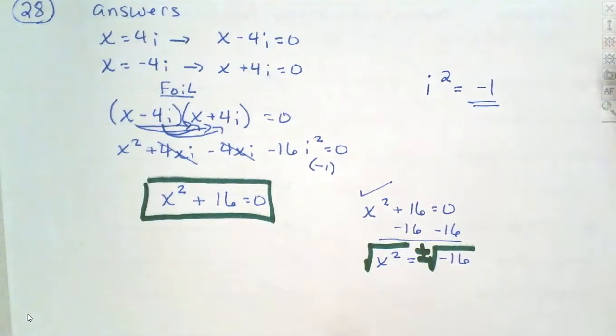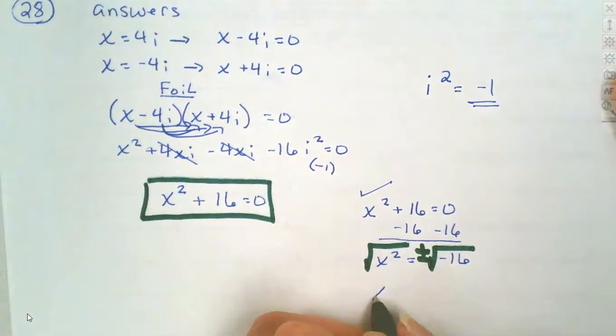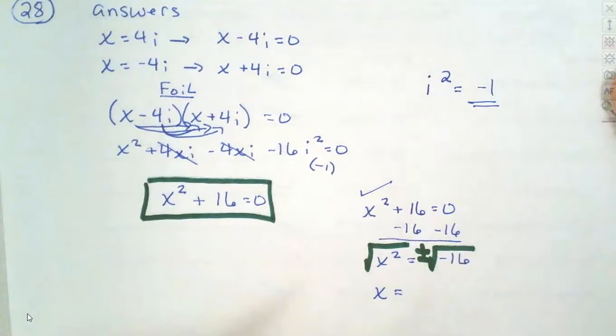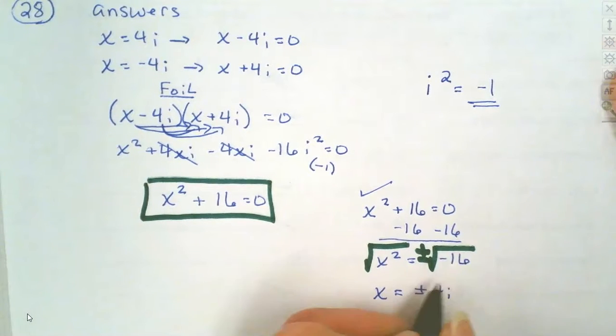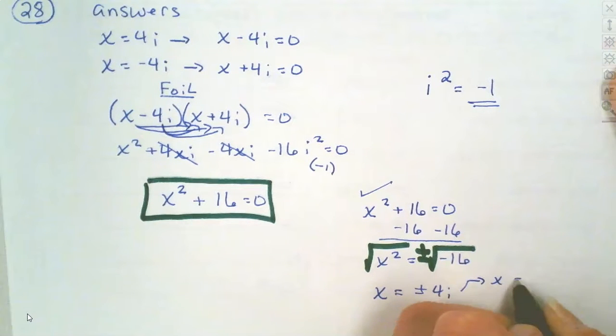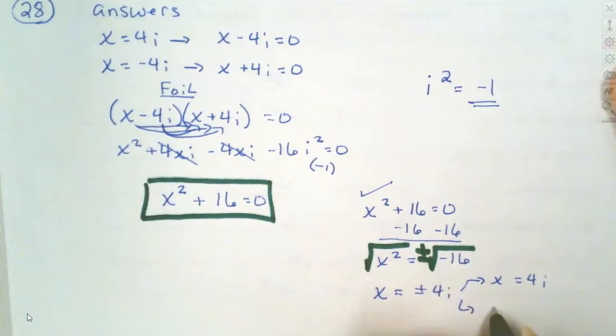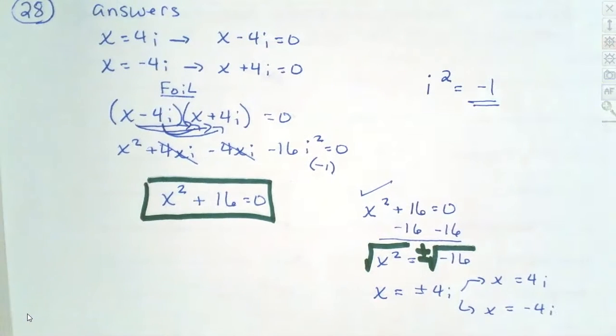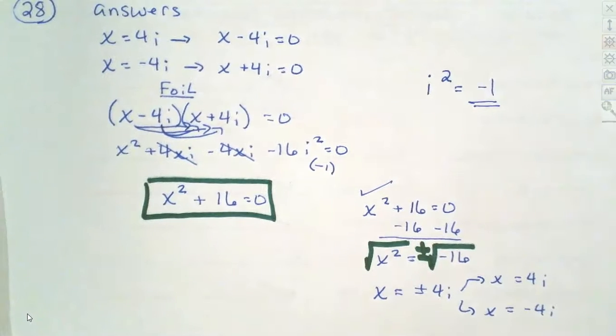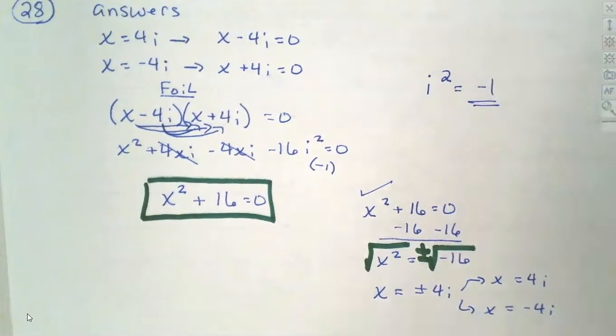And what does that give me for my answers? Well, that gives you x equals plus or minus 4i, which is x equals 4i, and also x equals a negative 4i. Right? All I did there was check it, but you see what we did was we worked it backwards. So I gave you the two solutions, you FOIL them together and get the original polynomial. So there's going to be a question on your final. It's almost exactly the same as that. Different numbers is all.